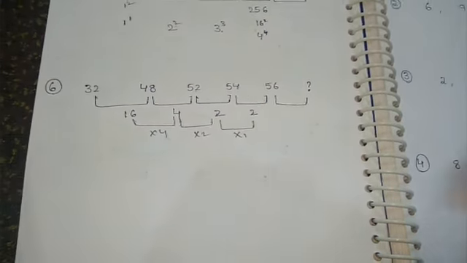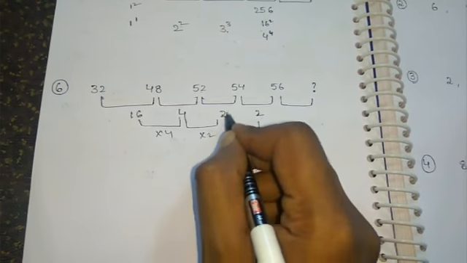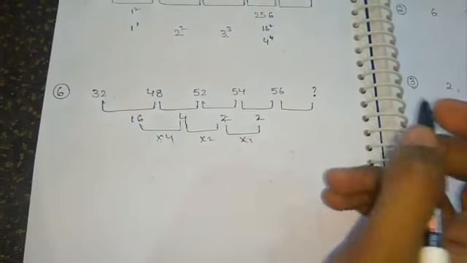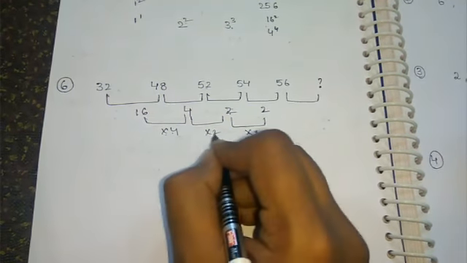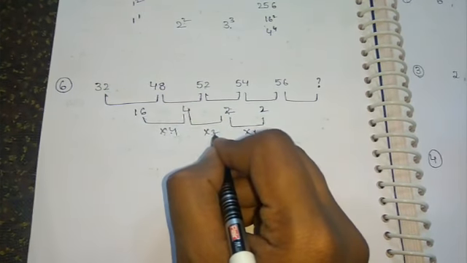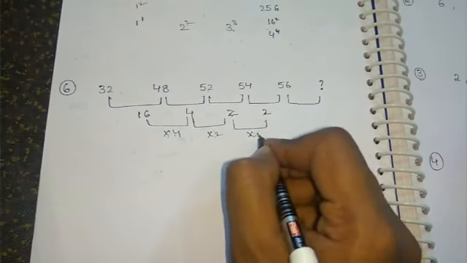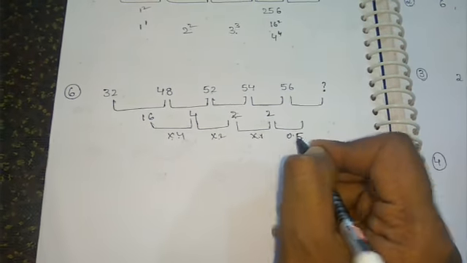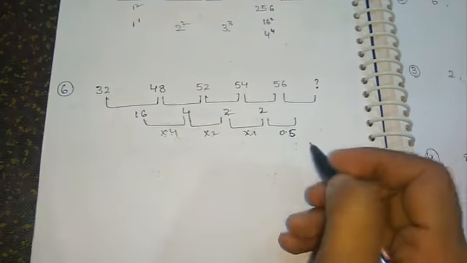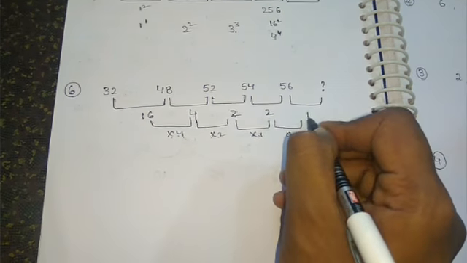Right? So what is happening here? 2 into 1, 2. 2 into 2, 4. 4 into 4, 16. So what is happening here means, half of 4, 2. Half of 2, 1. Half of 1 is nothing but 0.5. 0.5. So 2 into 0.5 is nothing but 1.